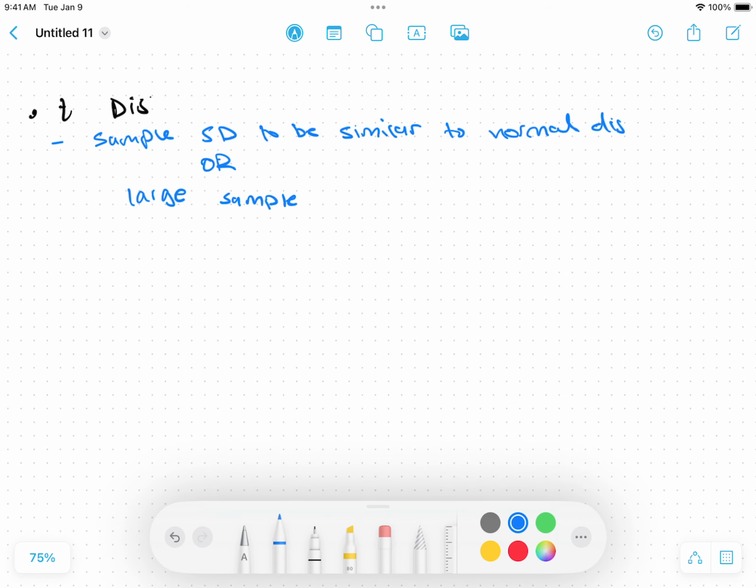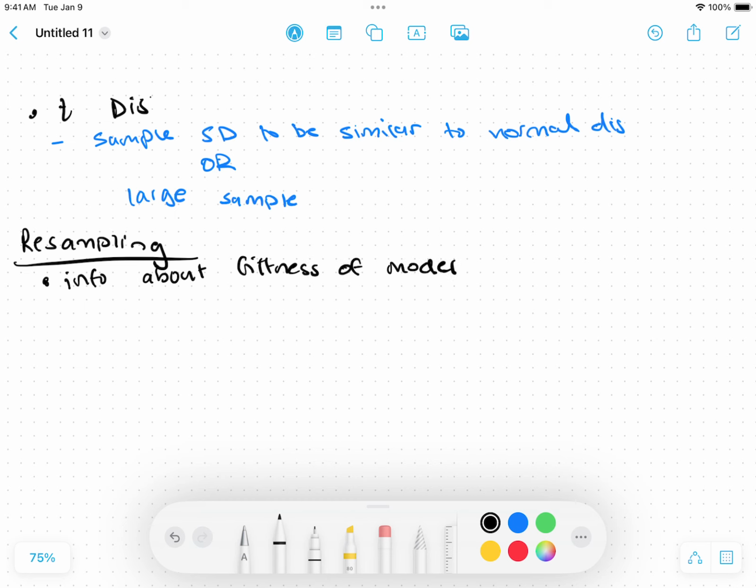The next thing I want to talk about is resampling. So why do we need to do resampling? Well, it's used to get more information about the fitness of our model, right?